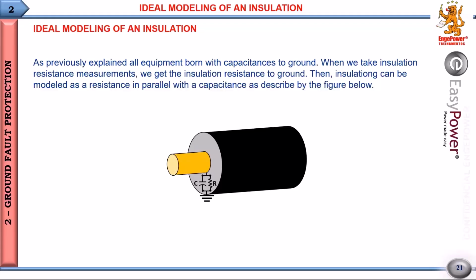In the previous slide, we showed that all equipment is born with this capacitance. So this really exists. But when you are measuring with a megohmmeter, you don't measure the capacitance because the source of the megohmmeter is a DC source. So what you are measuring is the DC resistance of the insulation. So that's why the ideal modeling of an insulation is a capacitance in parallel with the resistance.